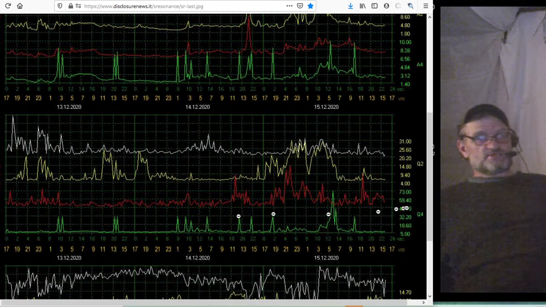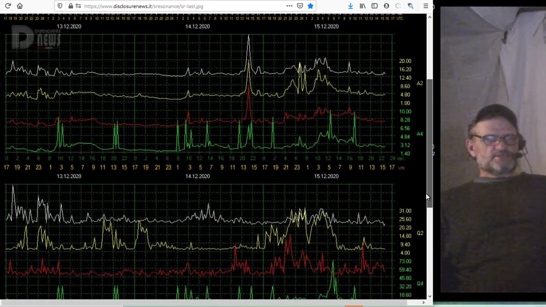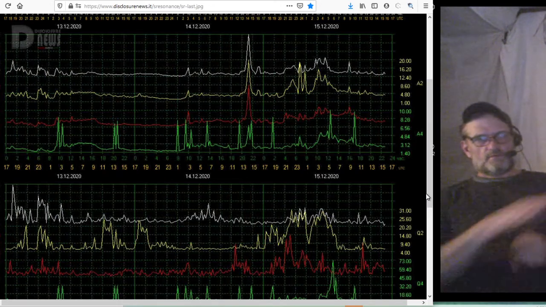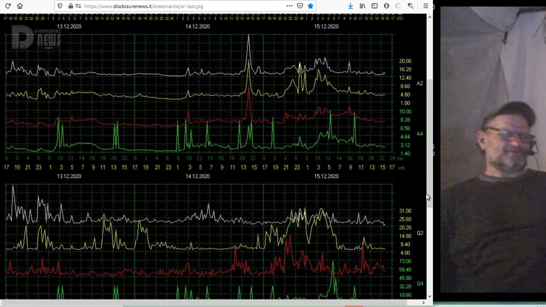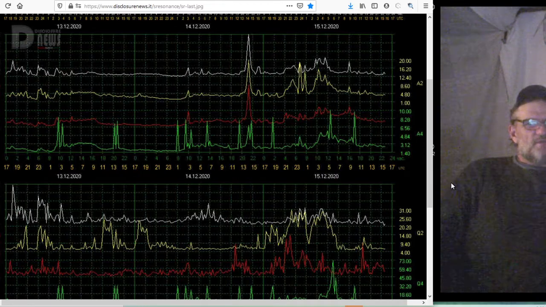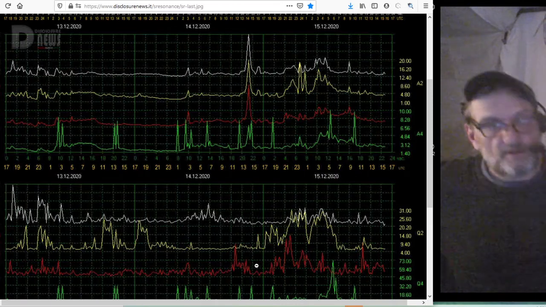This magnetics number is twice as high as I've ever seen it before. And you've got to remember the magnetics are the horizontal, and these are the actual resonances themselves.